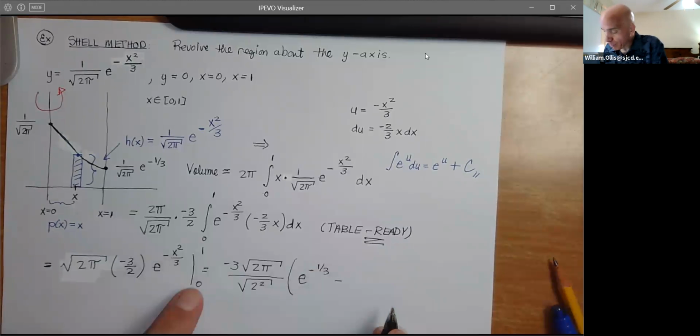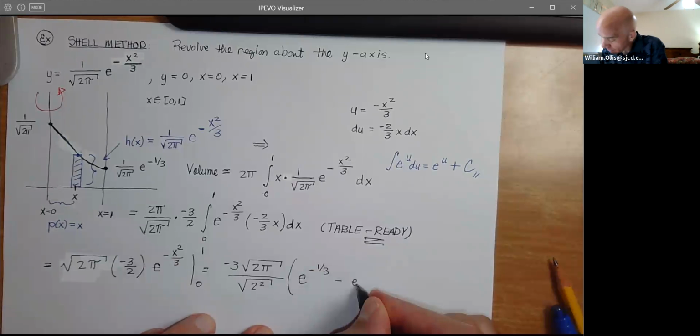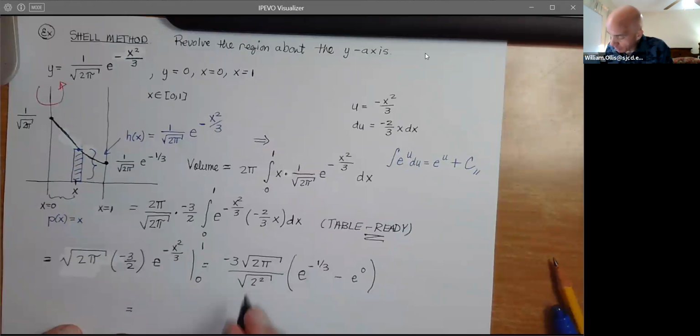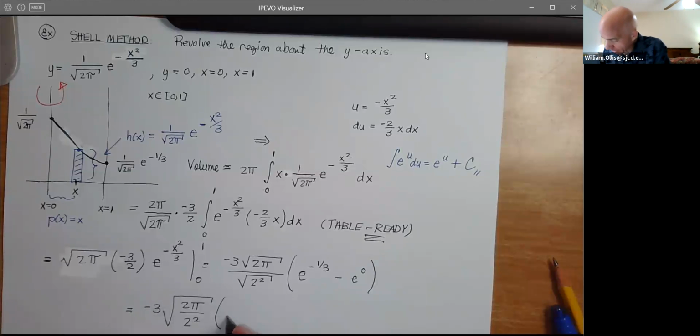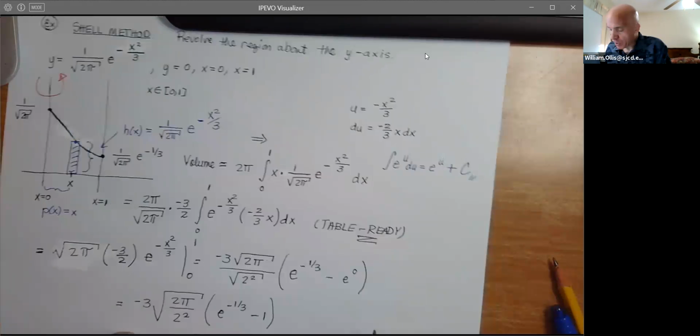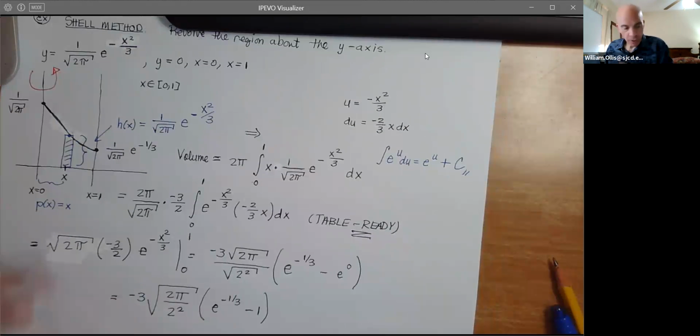Then minus, now we'll replace the x with the 0, and we just get e to the 0. So this will be a negative 3. Now, when we put this under the same umbrella, we get 2 pi, 2 squared. So we have e to the negative 1/3 minus 1. And now if you don't like all these negatives hanging out, you can flip things around.